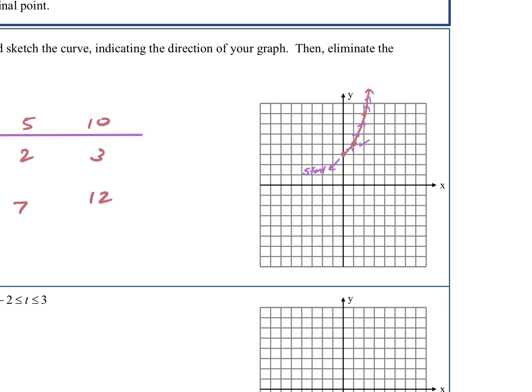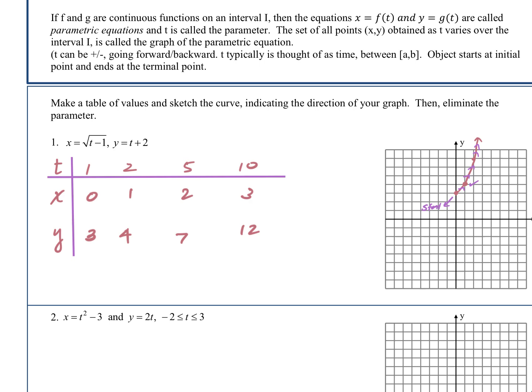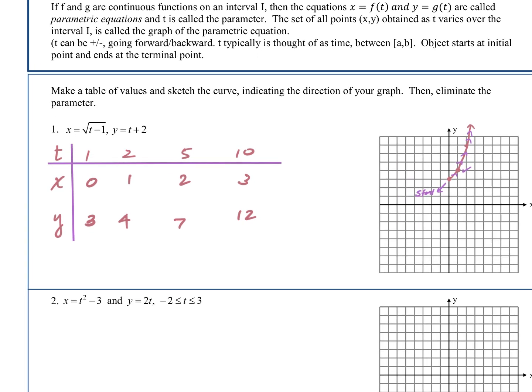Another way you could do it is you could eliminate the parameter. Okay, so what we could do here is say x is equal to the square root of t minus 1. So x squared is equal to t minus 1, or t is equal to x squared plus 1. Okay, so that would be one way to do it.